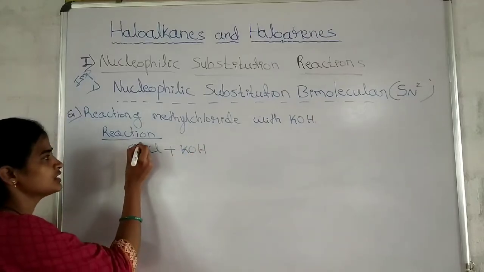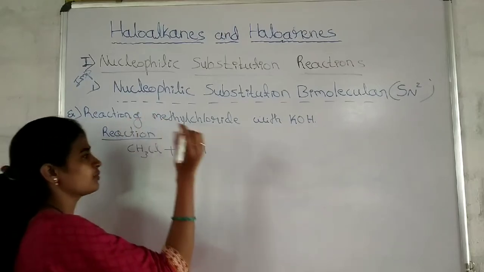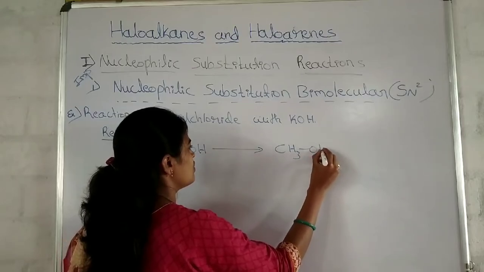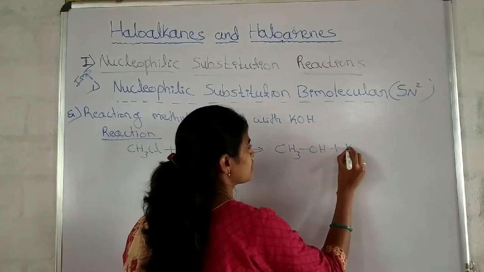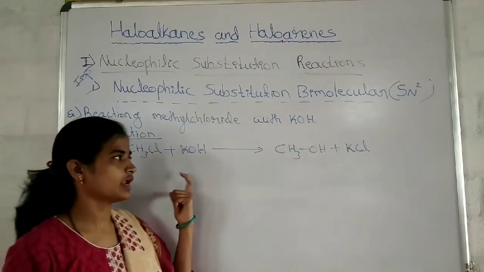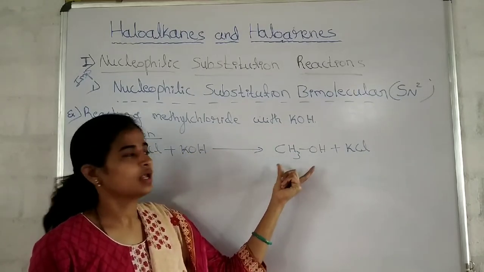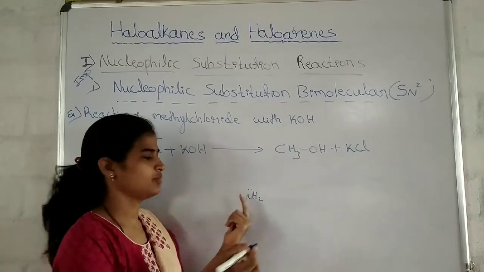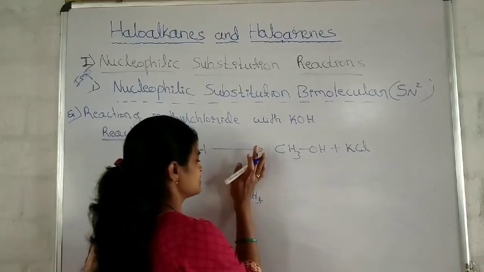The CH3 will get the partially positive charge, therefore OH minus attacks the carbon atom. What will be formed? CH3OH, a formation of alcohol, and KCl. It is not the case that nucleophilic substitution of alkyl halides only forms alcohols. That depends upon the incoming nucleophile. If ammonia is used instead of KOH, amines are formed.